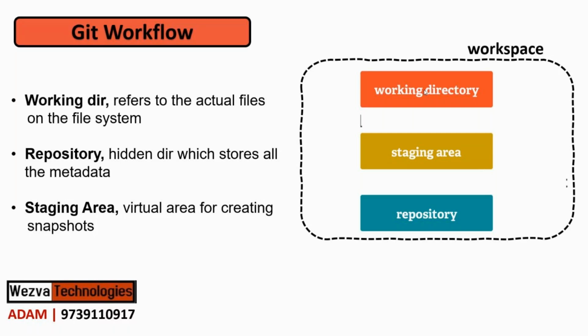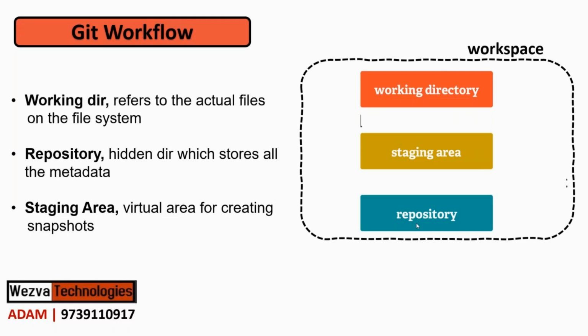Now, the repository is another area or folder inside your workspace in which the metadata will be stored. Metadata means the version information, like a transaction in your bank account. Whenever you modify and check in files, a metadata called a version is created.